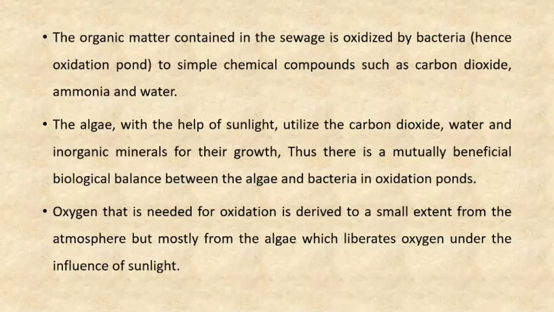That carbon dioxide, with the help of sunlight, is used by the algae for their growth. The oxygen needed for oxidation is derived to a small extent from the atmosphere, but mostly from the algae, which liberate oxygen under the influence of sunlight.